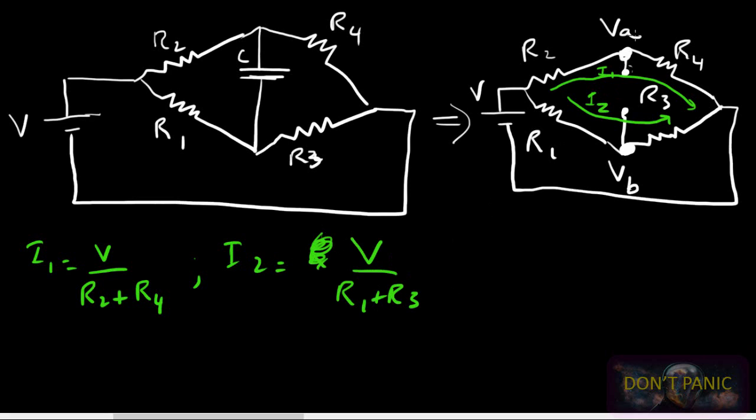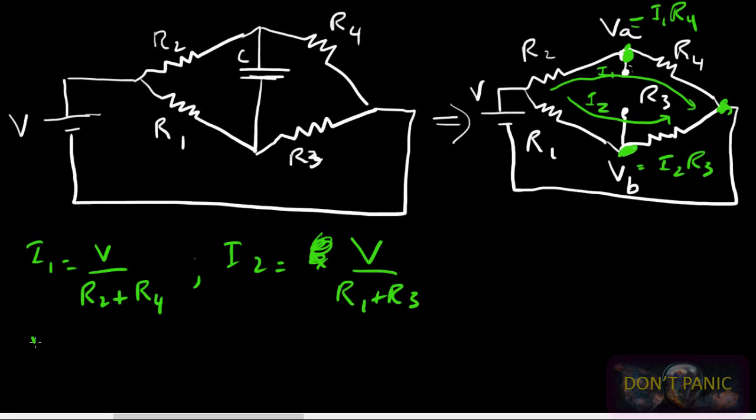Okay, and if we know the current, then we know that the voltage at A is going to be the voltage across R4, which is I1 times R4, right? Because whatever the voltage is at this point, all of it has to fall across R4. And same thing here: the voltage at VB is going to be I2 times R3.